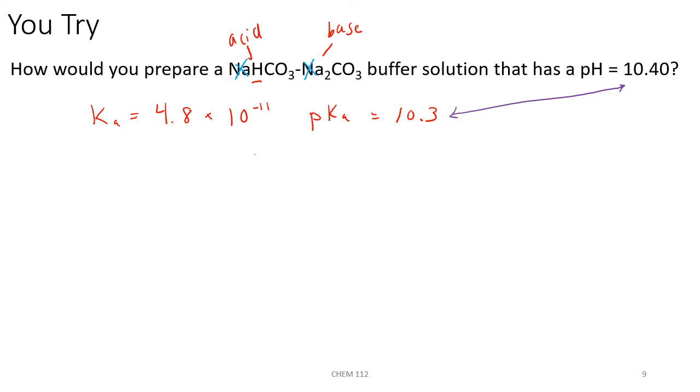So using Henderson-Hasselbalch, pH equals pKa plus the log of the concentration of our base over the concentration of our acid, just for shorthand notation.